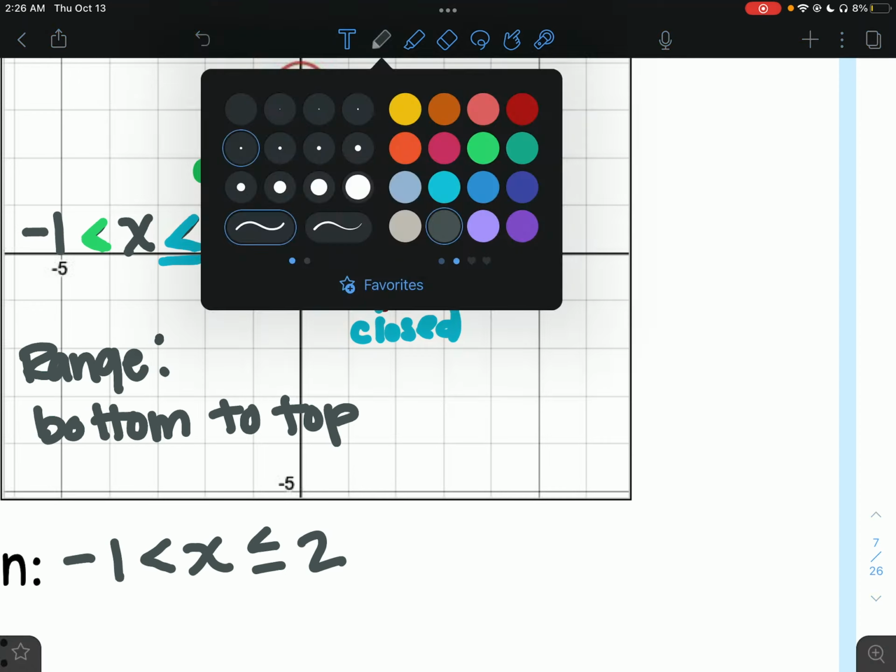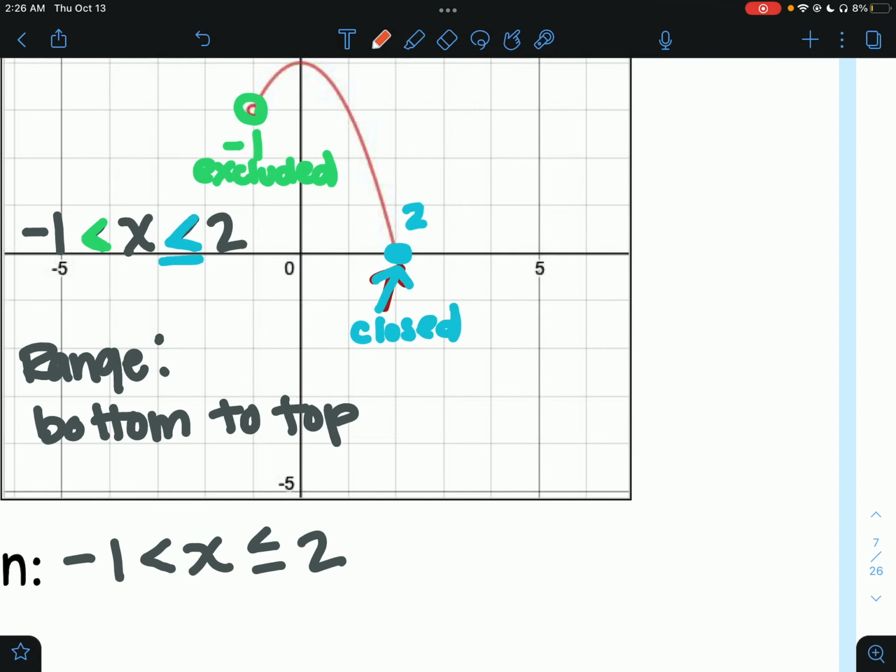When looking for that range, I'm going to follow my graph. Where's that lowest point? Oh, we've made it to our lowest point. Here, the y value is 0. So from the bottom, our lowest value is 0.